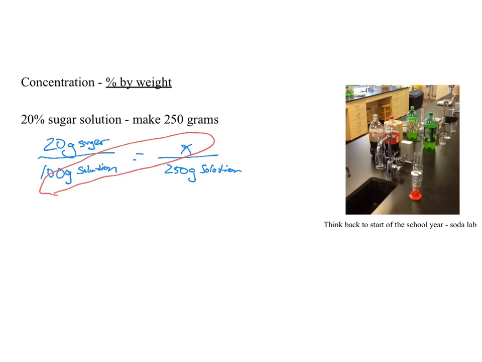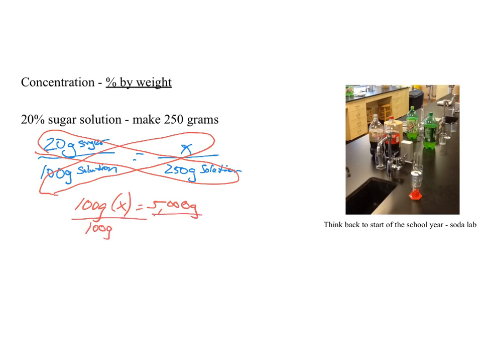I'm going to take 100 grams and multiply that by X, and that's going to be equal to 250 times 20, and when I punch that in the calculator, I get 5,000 grams. So I cross-multiplied, now it's time to divide. I want to get that X all by itself, so I'm going to divide both sides by that 100 grams.